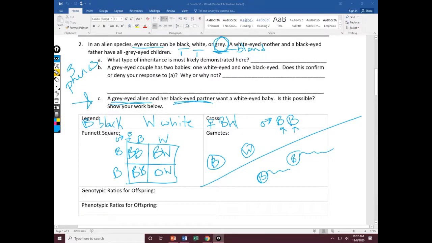I'm homozygous dominant for W. I got one from mom, and mom can give me one. But I also got one from dad, and as this is set up, dad can't give me a W allele. So I would need a parent that can give me a W allele. Good. Any questions about that?